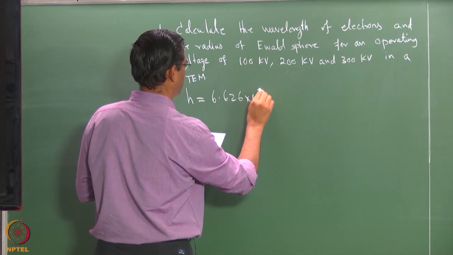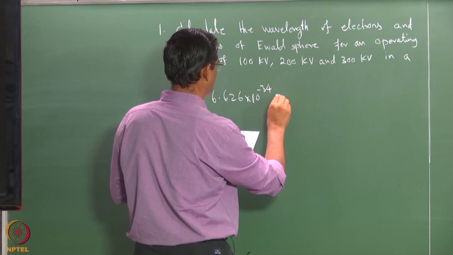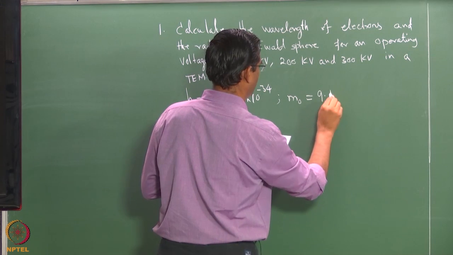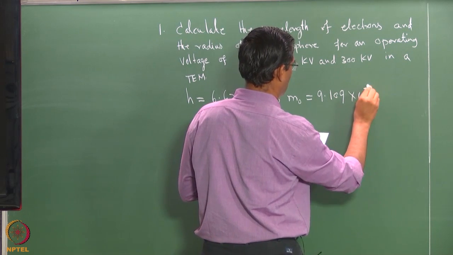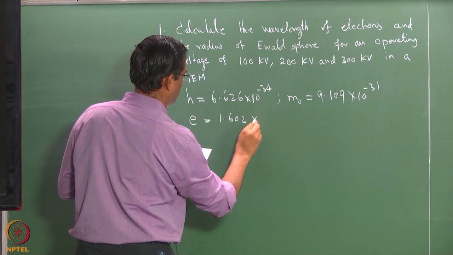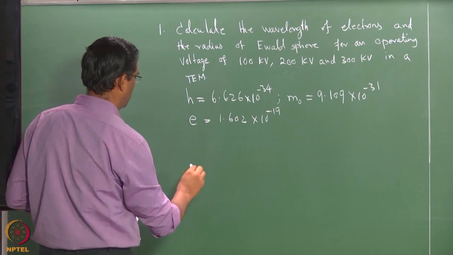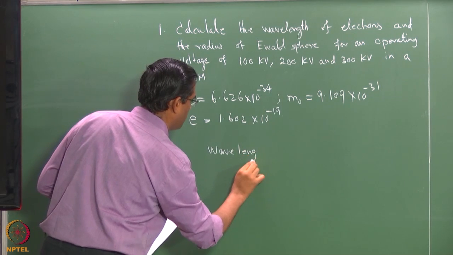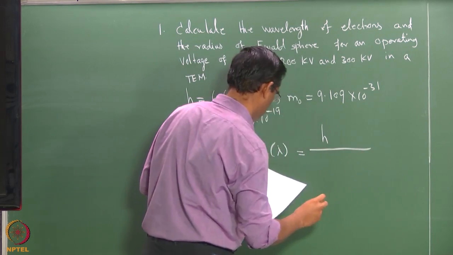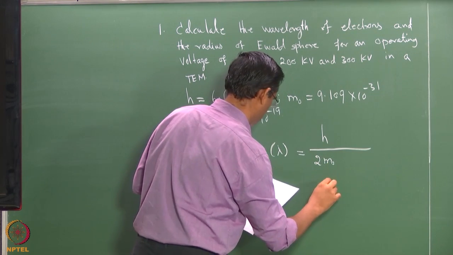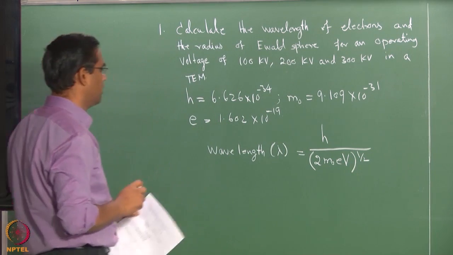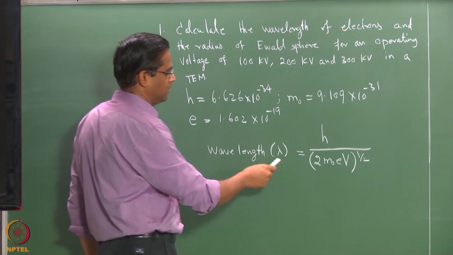Planck's constant, mass and charge. So, we have the wavelength, and the relation between the electron volt and the wavelength is this.